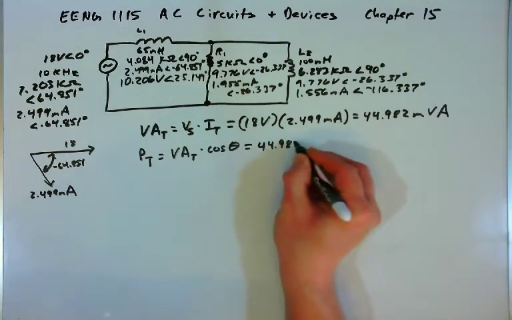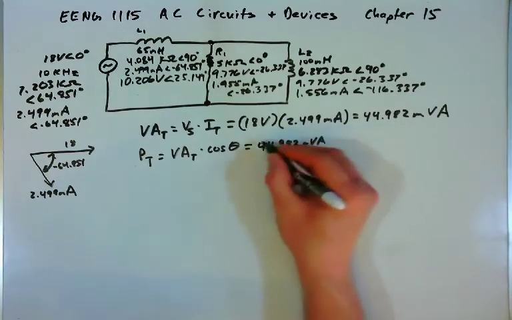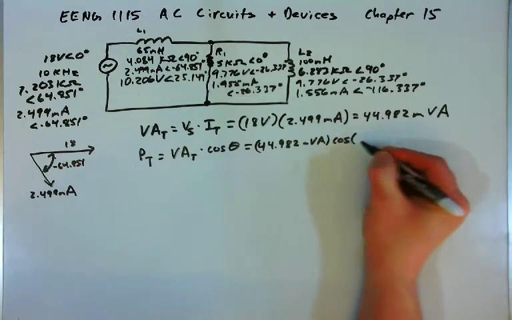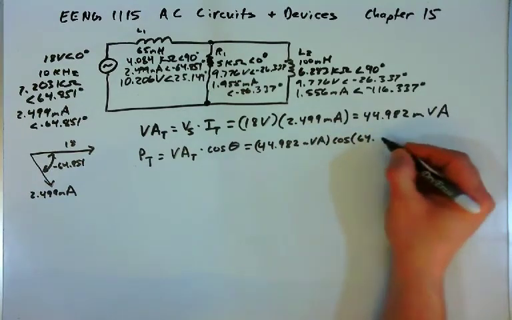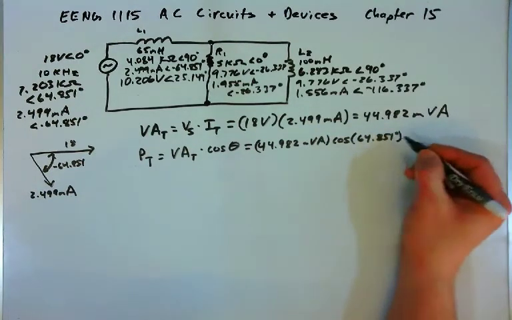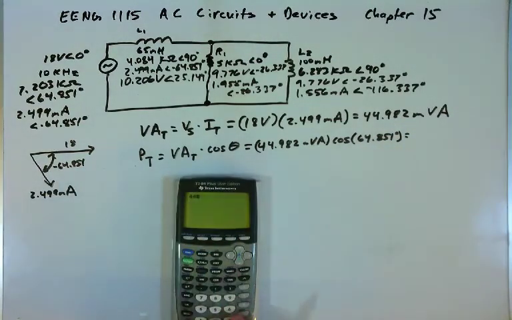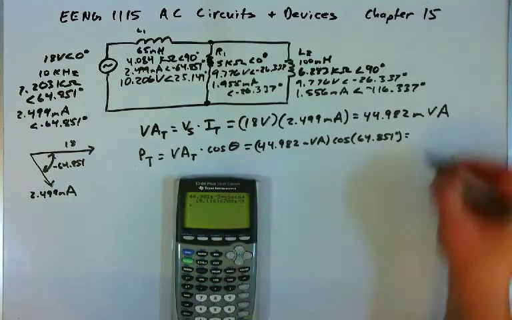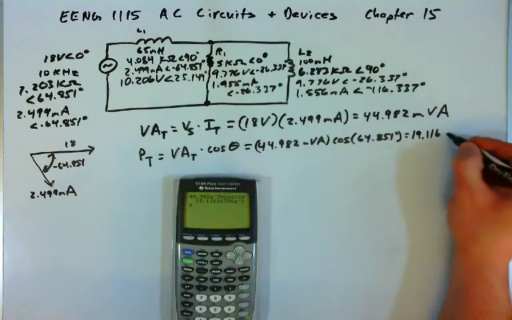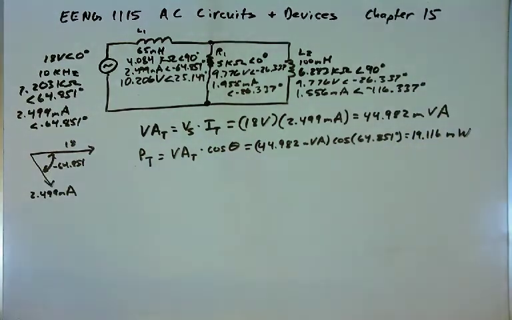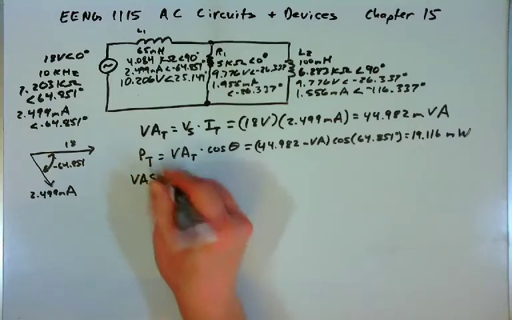It's 44.982 millivolt amps. We're going to multiply by the cosine of 64.851 degrees, and we get 19.116. That's milliwatts.